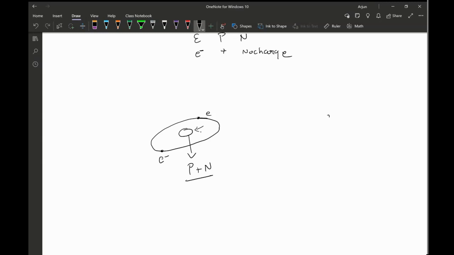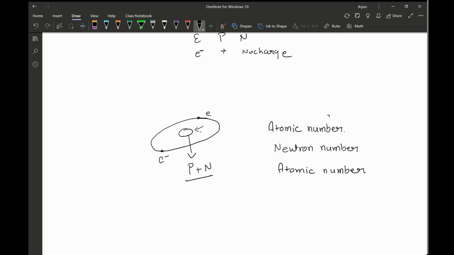Now, when we talk about the nucleus, there will be three things we'll talk about. One is atomic number, and then the second one is neutron number, and then the atomic mass number.